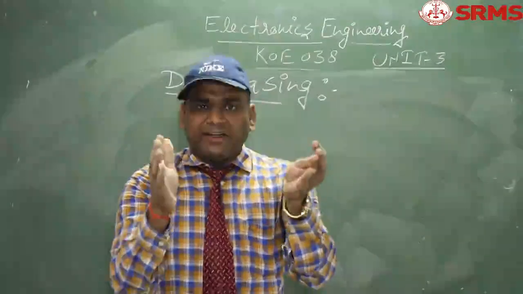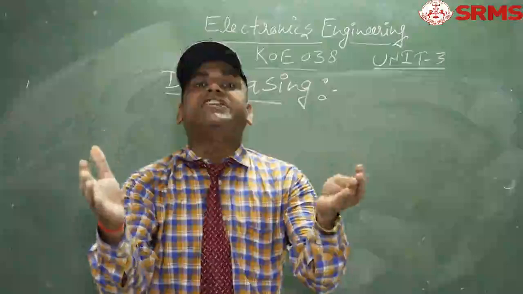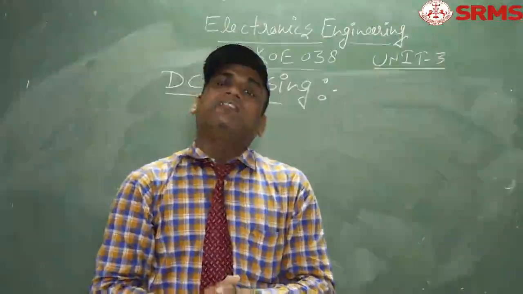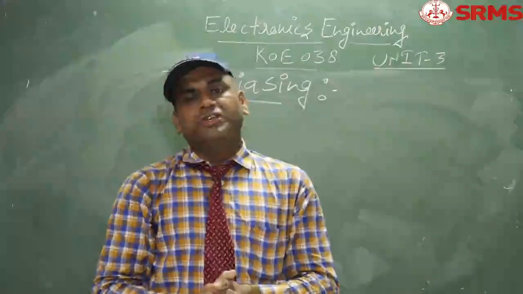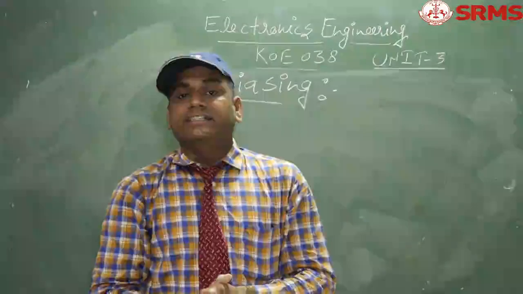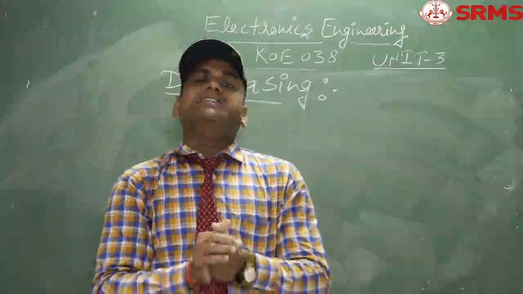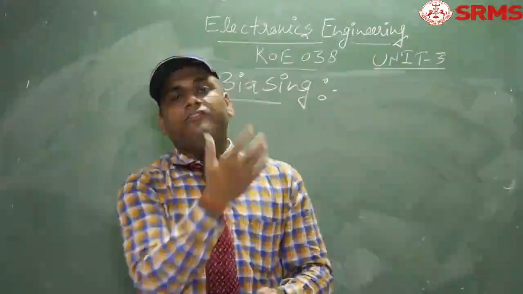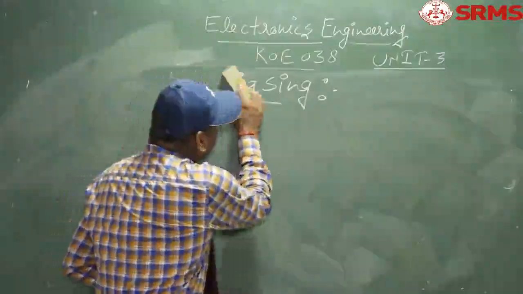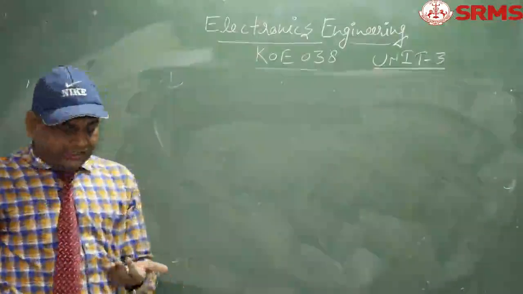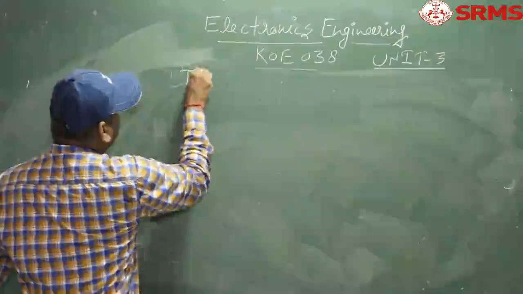So which operating point is more suitable according to the application of transistor in different region, active region, saturation region, and the cutoff region? That point will be decided with the help of DC biasing. So before started DC biasing, we will discuss or focus on the DC load line.